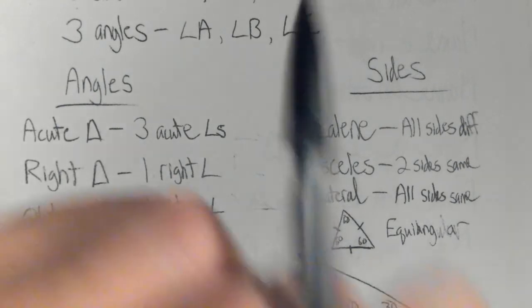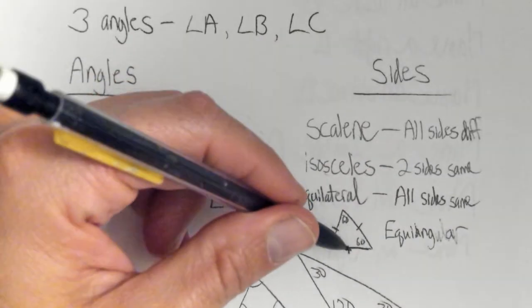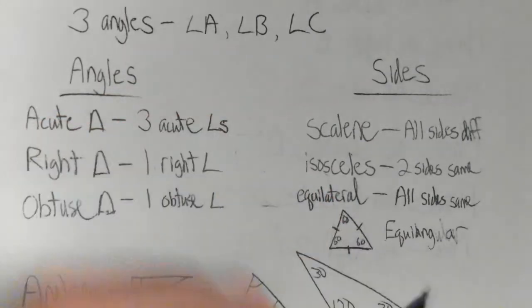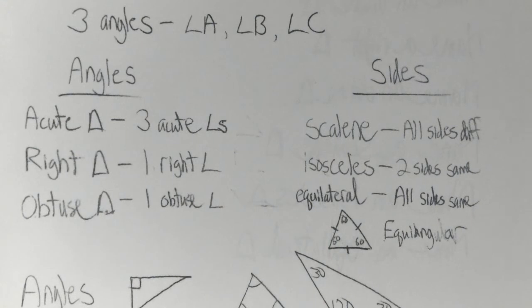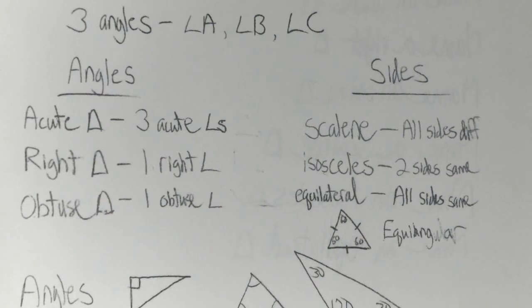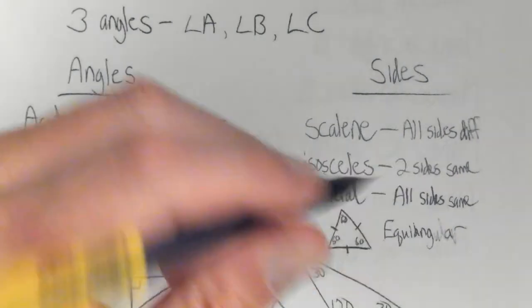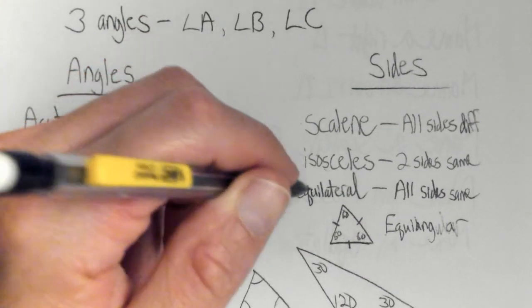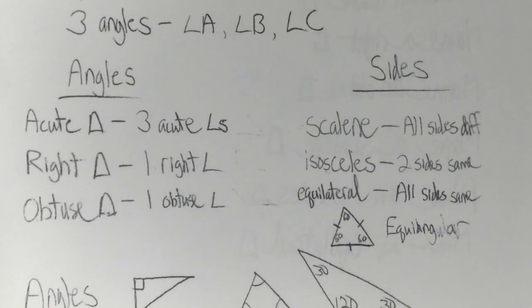If all of the sides are the same, that forces all the angles to also be the same, which is called equiangular. So an equilateral triangle is also an equiangular triangle. Again, scalene: all sides different. Isosceles: two sides the same. Equilateral: all sides the same.